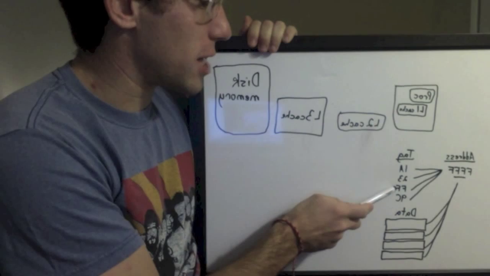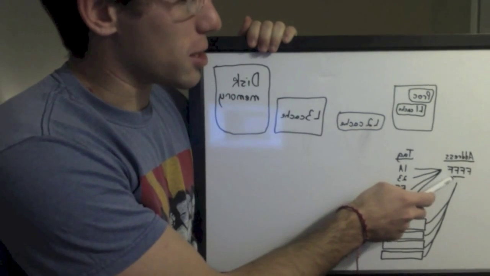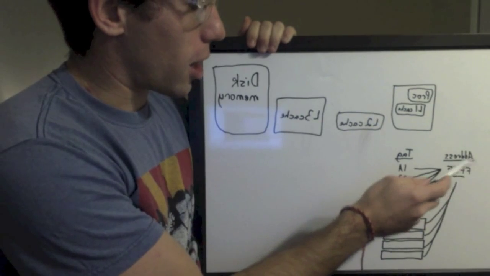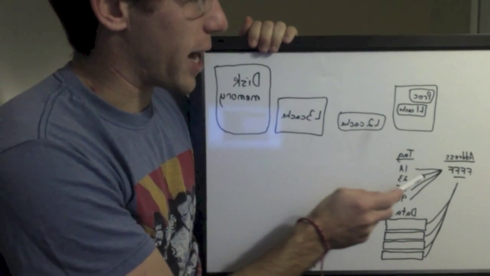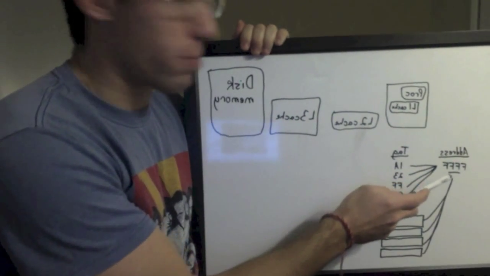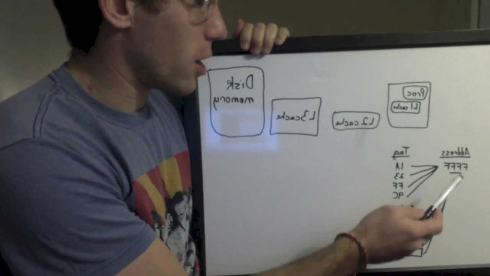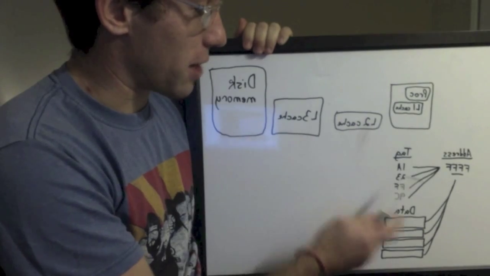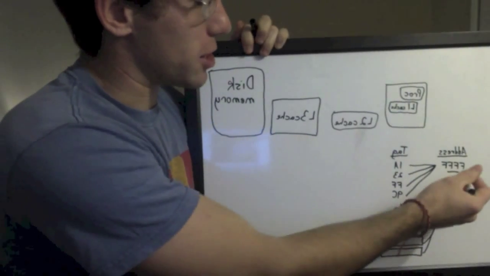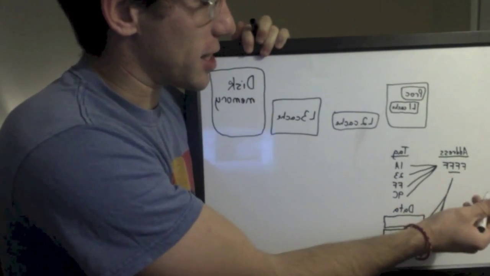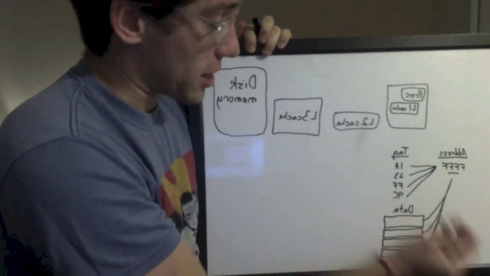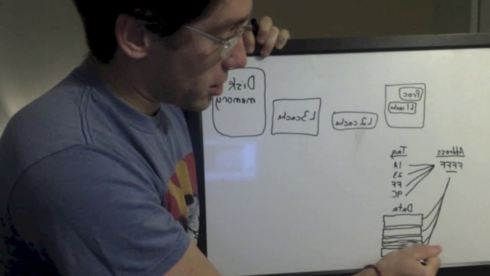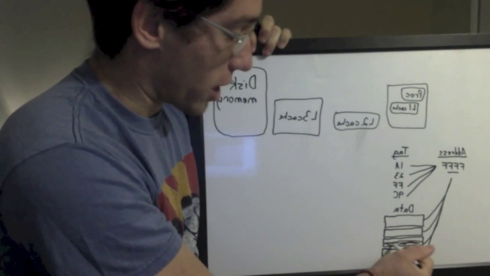This is a simplification: the middle two hexadecimal numbers correspond to the tag. So if we're trying to look up address FFFF in memory, we compare the tag. Here's FF, which is the space designated in the address for the tag. So this would be the memory slot, or the way that we're trying to access.